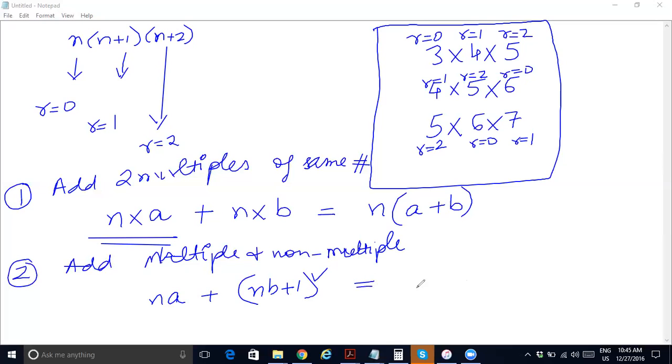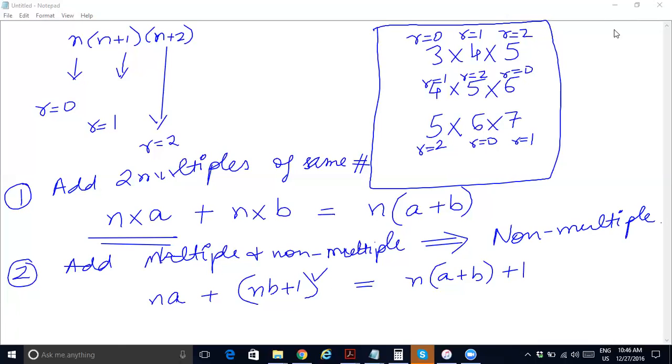If we add these two, the resultant will never be a multiple of n. It will always be a non-multiple. Addition of a multiple and a non-multiple will always yield a non-multiple. This is clear? Okay.